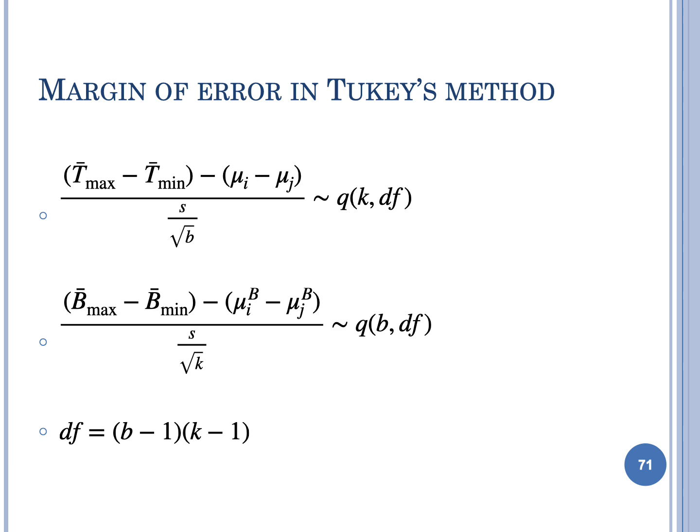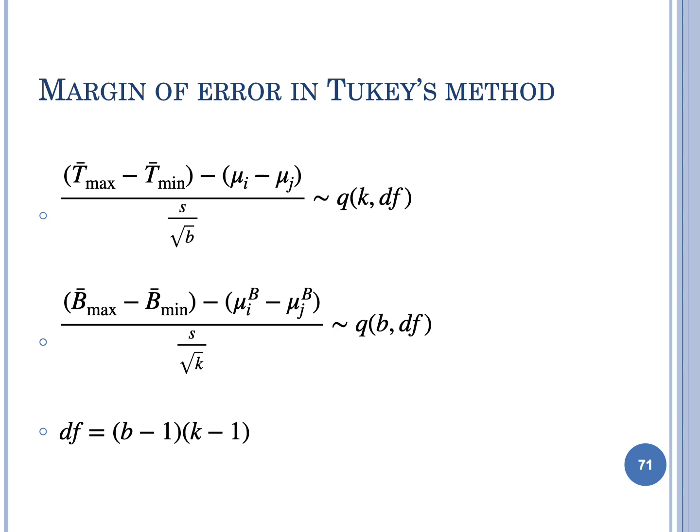To find Tukey's method, again, we need a normalization using Tukey's idea to control the overall rate. For treatment means, the normalization comes from the maximum and the minimum values.